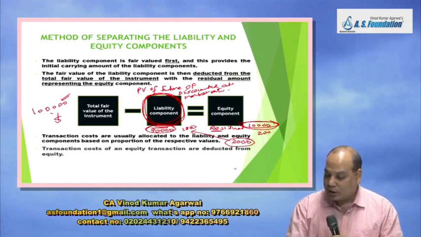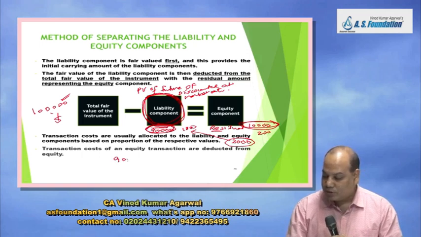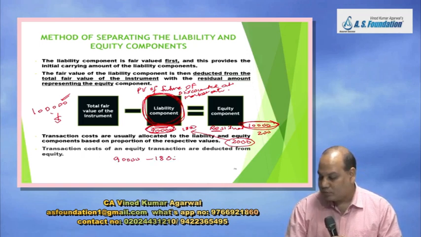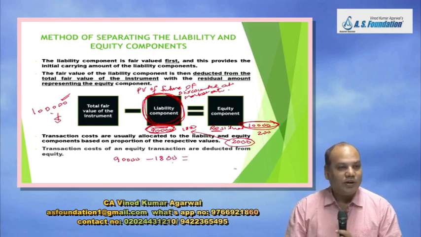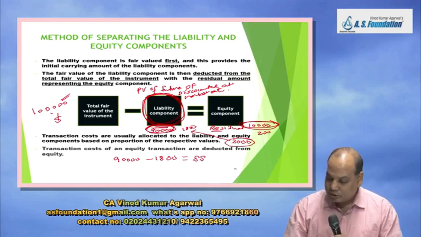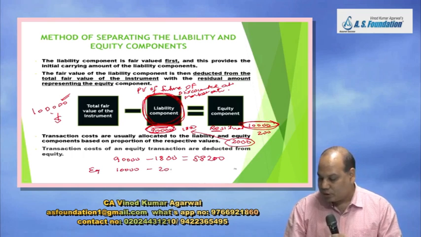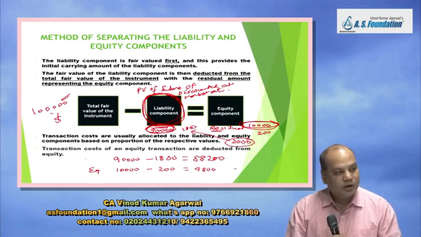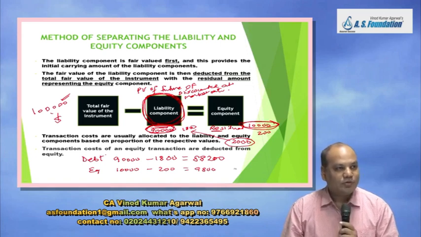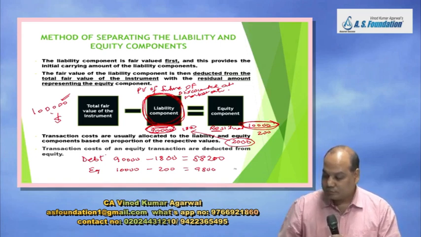Then the carrying amount of the liability component will become 90,000 minus 1800, because the transaction cost will be adjusted against the fair value or carrying amount. So it will become 88,200, and the equity amount will become 10,000 minus 200, that is 9,800.